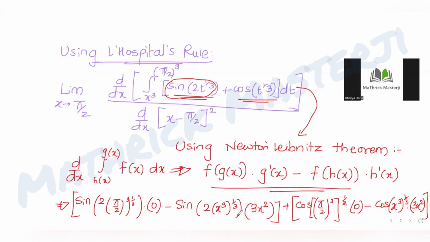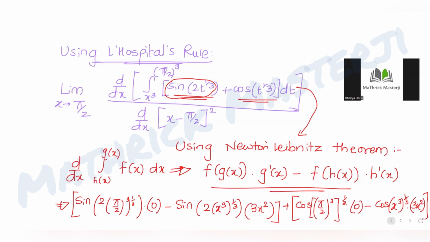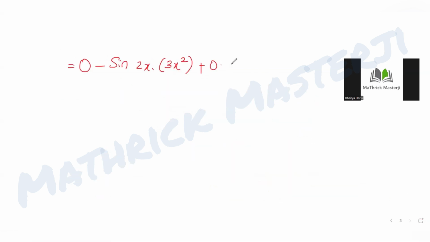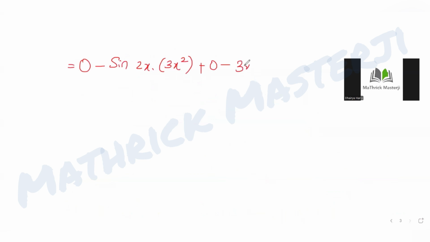So you get sine 2x into 3x squared. Further, this becomes basically 0 again, so plus 0 minus this, which becomes cos of x^3 raised to 1 over 3, which is cos x, and 3x squared again. So you get 3x squared times cos x, and this is the entire numerator.